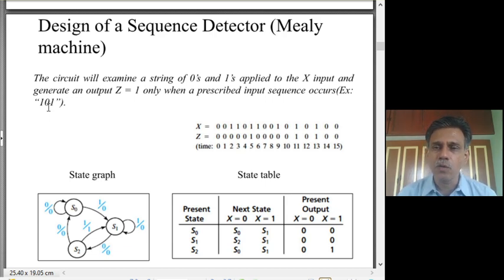For that, what we can do is take a window of 3 bits and slide it over the input sequence and compare that content. It's a 3-bit window. We will slide it 1 clock period at a time, and every time after sliding, we compare the content of the window and check whether a 101 is present.